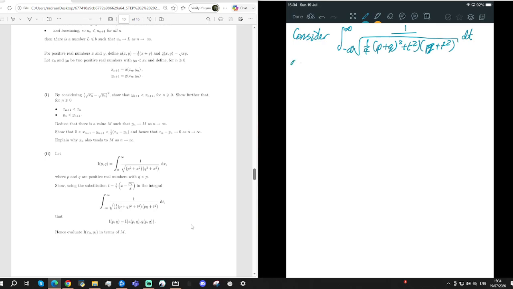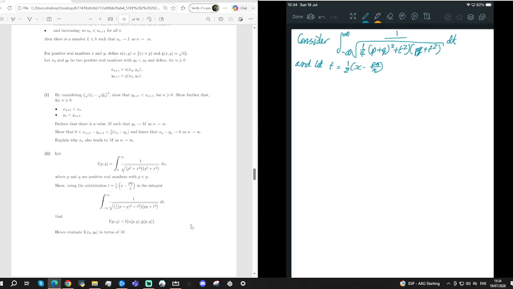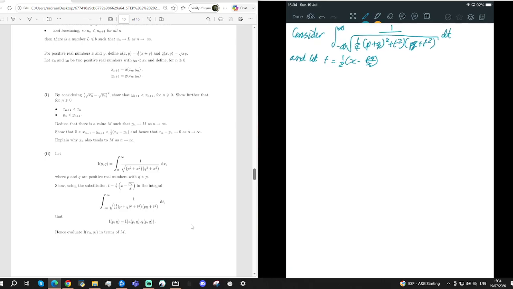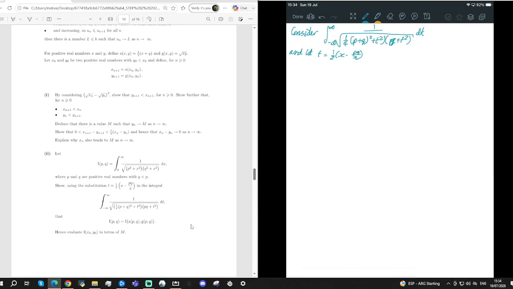and let t equal the half x minus px over q. And if we do read the question really carefully, this is what the question's telling us to do. Use the substitution in that integral to show something.